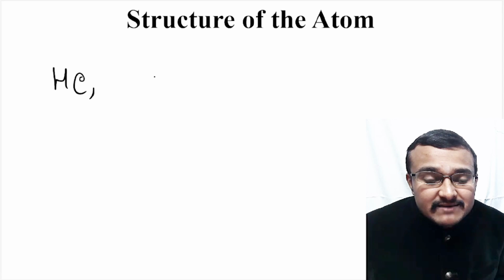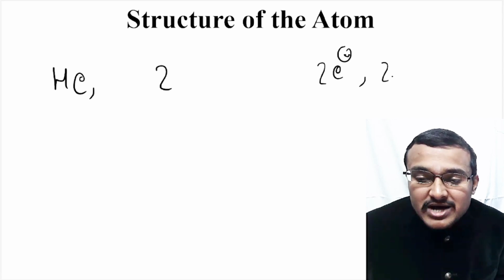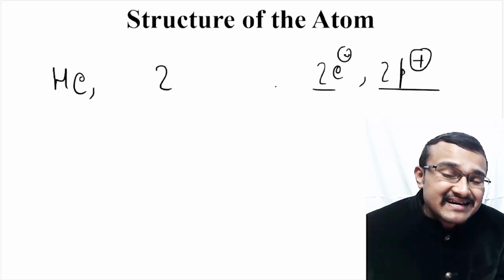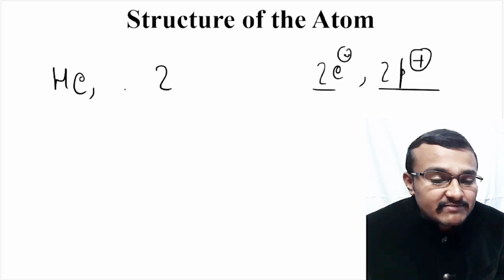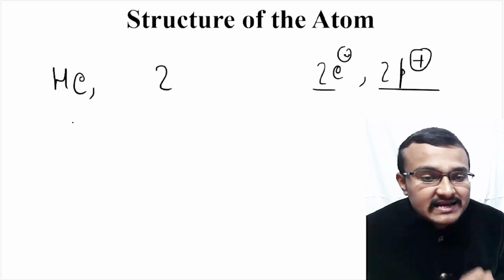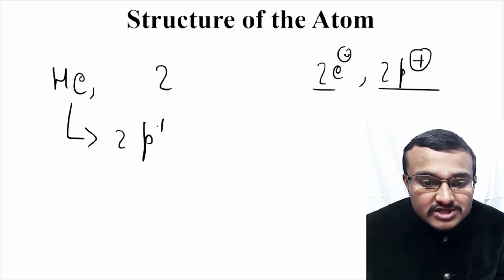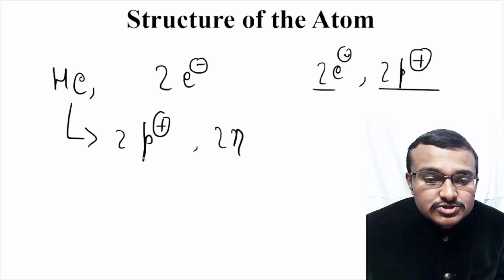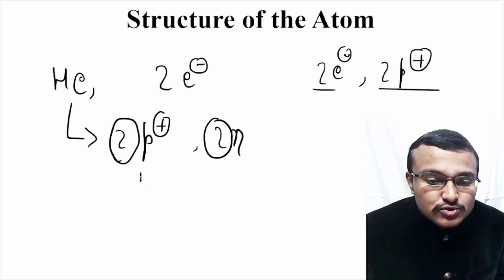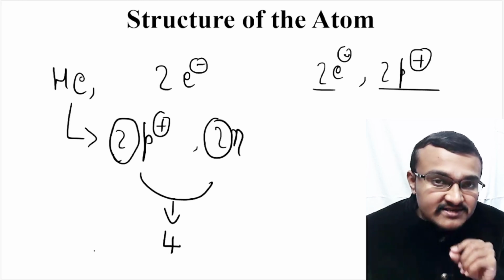The atomic number of helium will be 2, because it has 2 electrons and 2 protons. So either you consider the number of electrons or the number of protons to determine the atomic number of an element. Now, to determine the atomic mass number, the helium atom consists of 2 protons and 2 neutrons. So what will be the atomic mass number? That will be 2 plus 2, which is 4. So the atomic mass number of helium is 4.